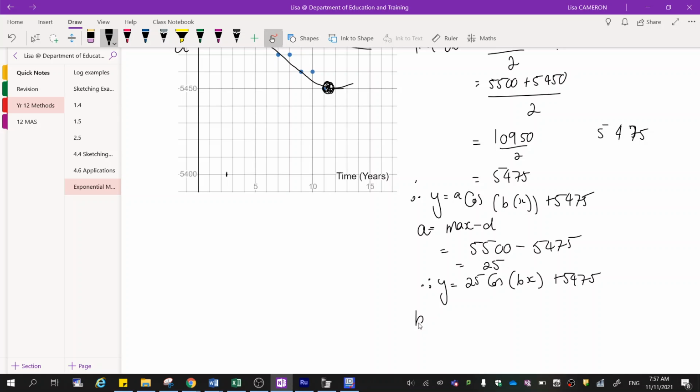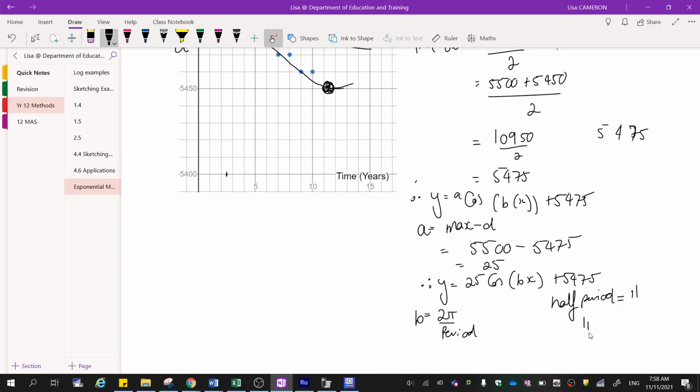Next value that we're going to find is b. To calculate b, normally we would do the period is equal to 2 pi on b. So if you use the reverse fact, b is equal to 2 pi on the period. Now, I don't have the full period, but I have half of the period. Half of the period is equal to, let's assume this point here, 11. So half of the period is equal to 11.